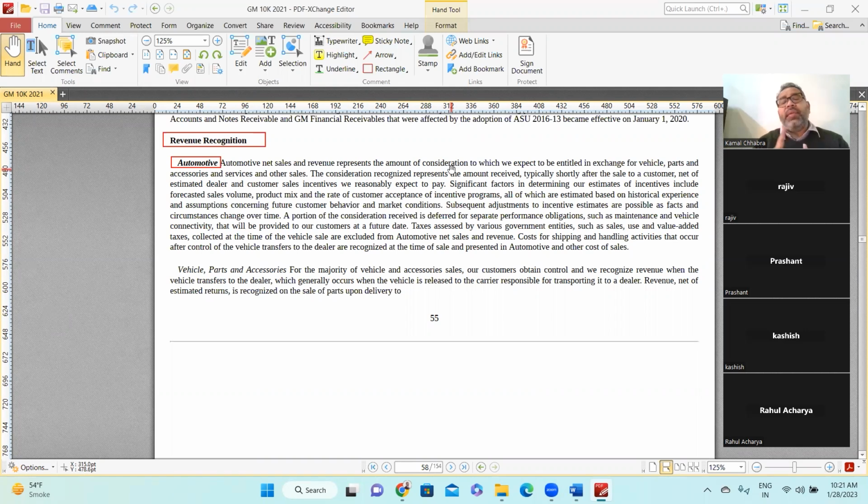And then, if they have any discounts, incentive schemes, warranty claims, or any future credits they need to provide to the customer. If you just read it out, you'll see all this information is mentioned over here, right? I'm just taking you through it at a high level, but you all have this.